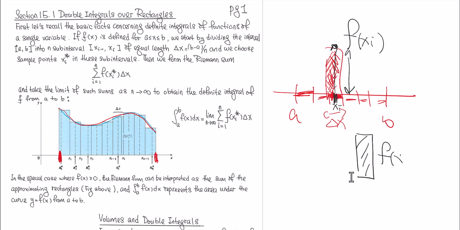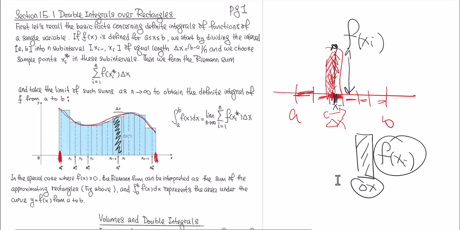So you have f(xi) like that, and then you have a delta x like that. The product of these two gives you the area of the rectangle. Then we construct a bunch of rectangles, and sum up the rectangle areas as an approximation for the area under the curve.